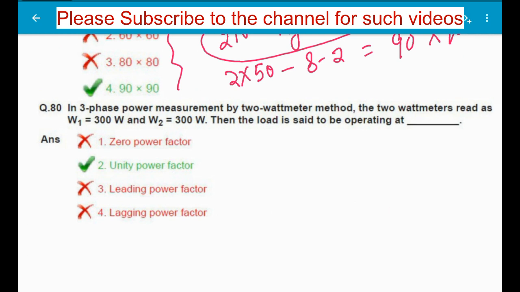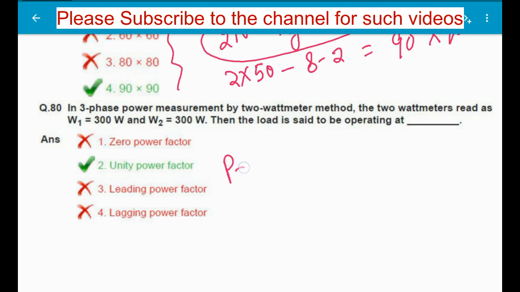In 3-phase power measurement by 2 wattmeter method, the 2 wattmeters read W1 is equal to 300 watt and W2 is equal to 300 watt. Then the load is said to be. So here both the wattmeters are reading 300 watt, that is the same.